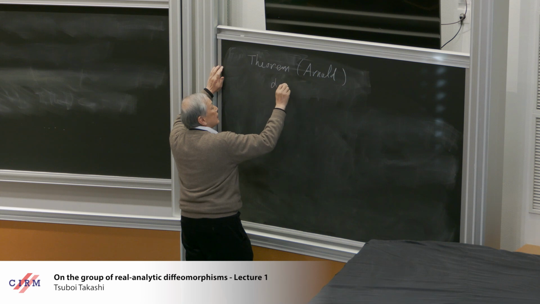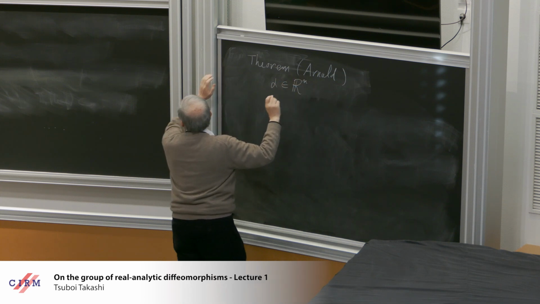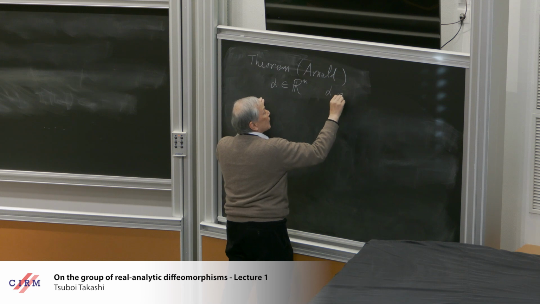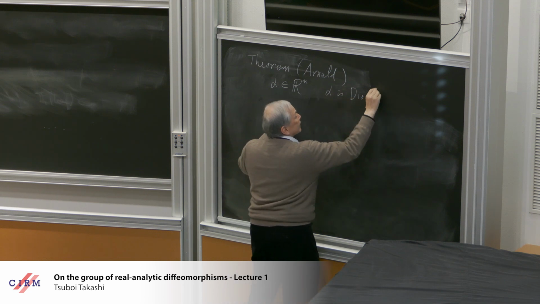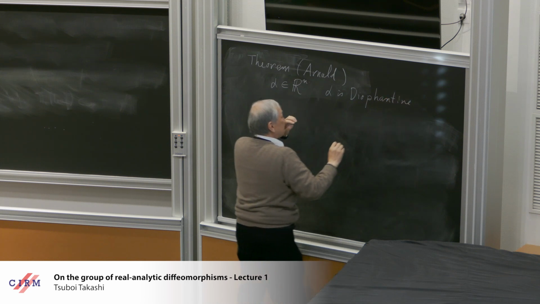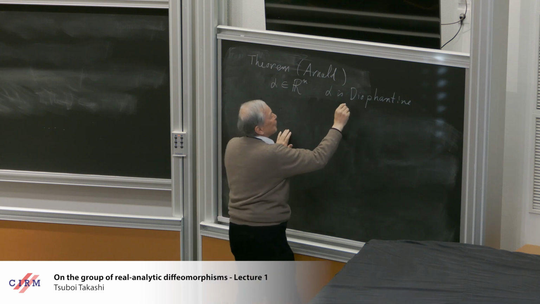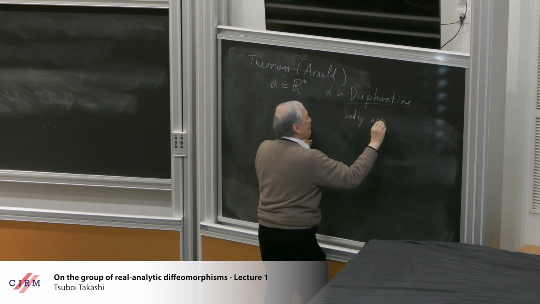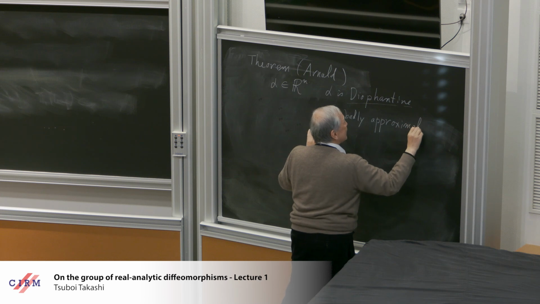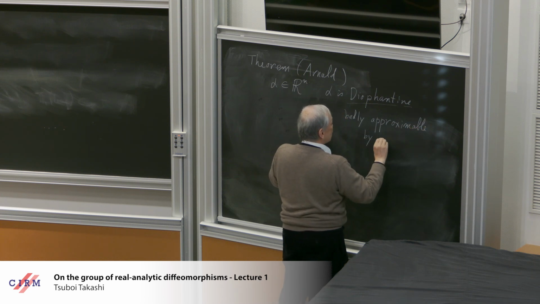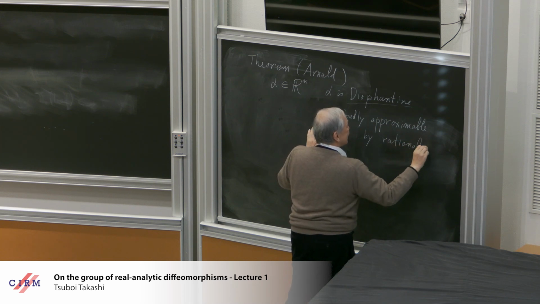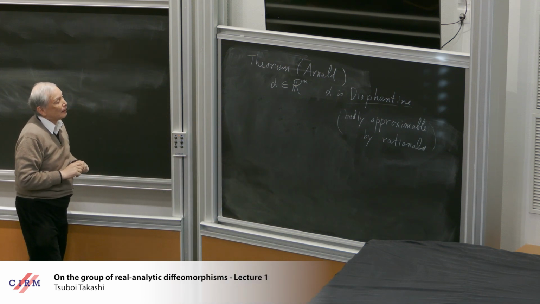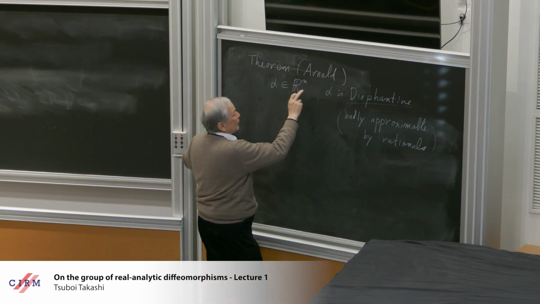So we take alpha a real number, and we assume that alpha is Diophantine, and another name for Diophantine is badly approximable by rationals. And this is a vector.